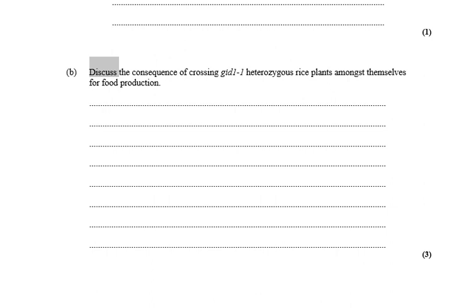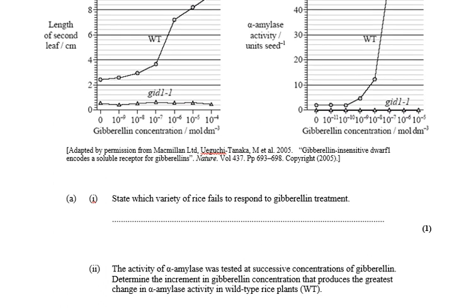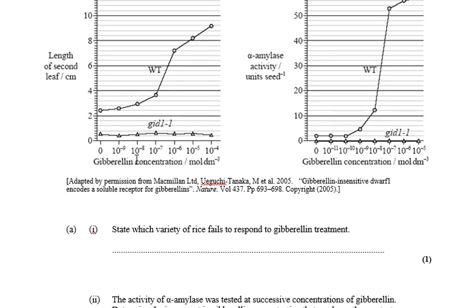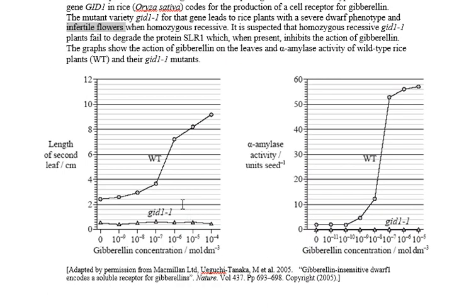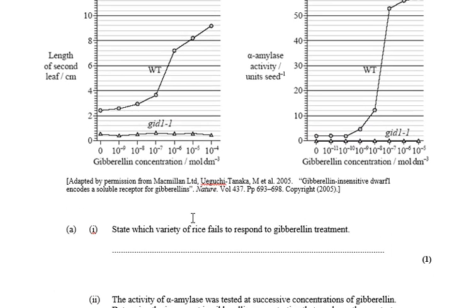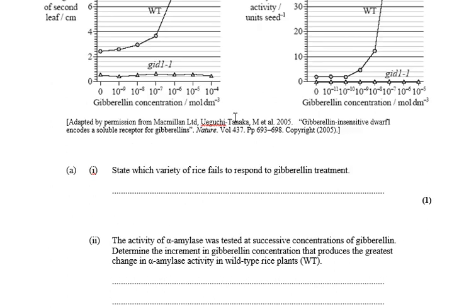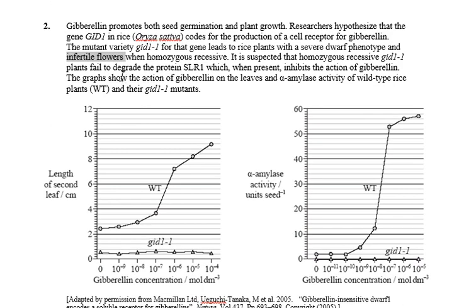Okay, and we know that those homozygous recessive plants, that 1 in 4, by looking at this information here, they're going to have severe dwarfism phenotype, and they're going to have infertile flowers. Okay, so what that means is with dwarfism that they're going to get less growth because they're going to be dwarf plants. They're not going to be responsive to gibberellin. They're going to be these ones down here. The flowers are going to be infertile.